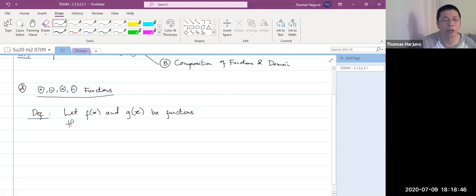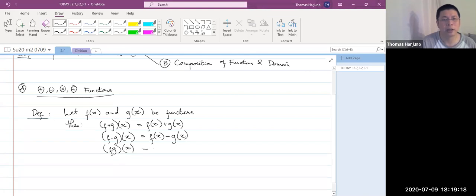Then notation: (f + g)(x) is equal to f(x) + g(x). (f - g)(x) is f(x) - g(x). (fg)(x) means f(x) times g(x).